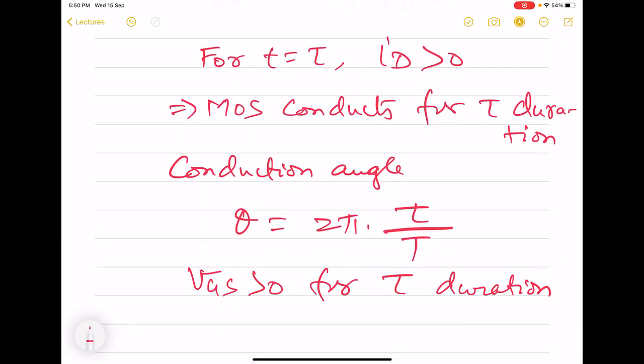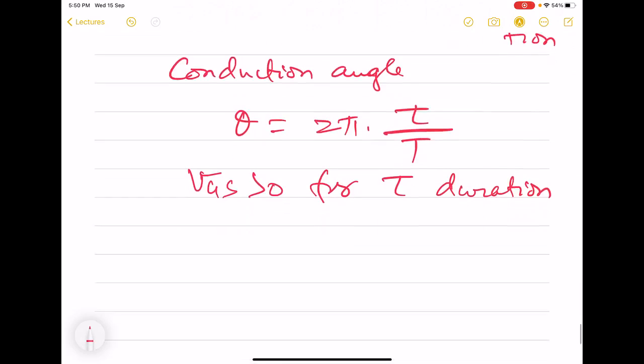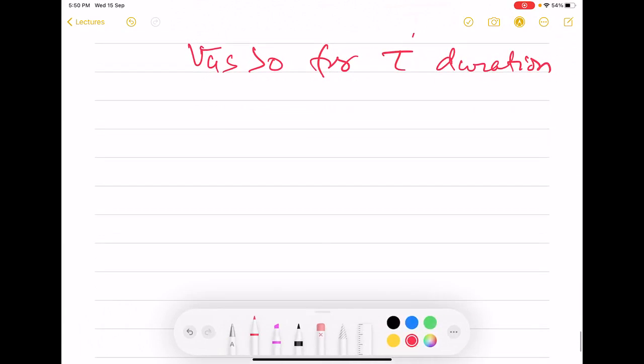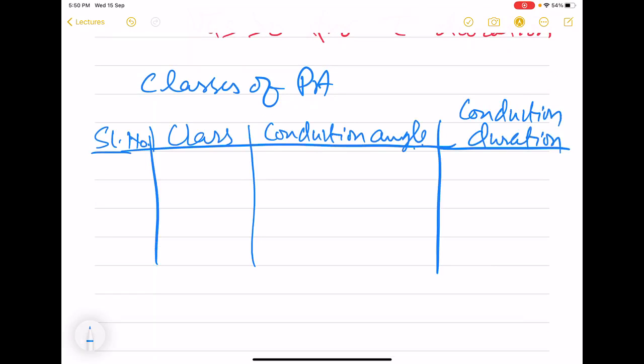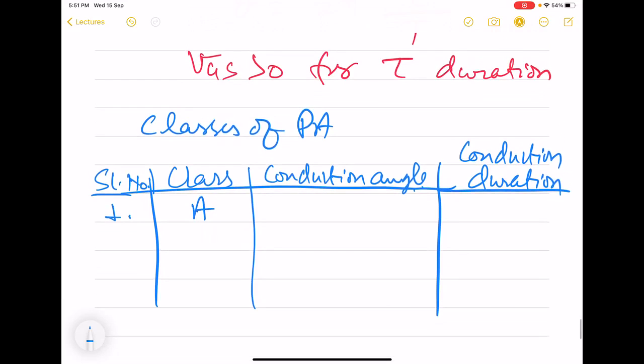Now, based on this conduction angle, there are going to be 4 classes of the power amplifier. So we will first tabulate those classes. So the first class is called class A. For this case, the conduction duration is equal to the complete cycle.